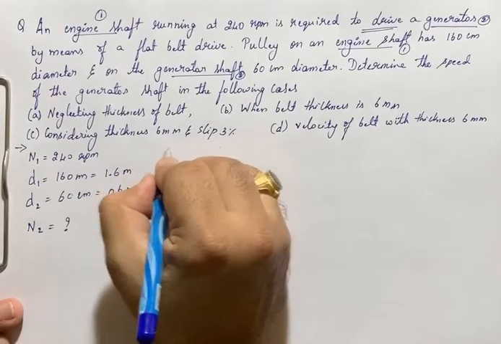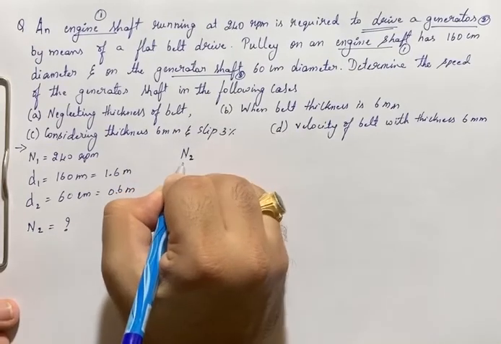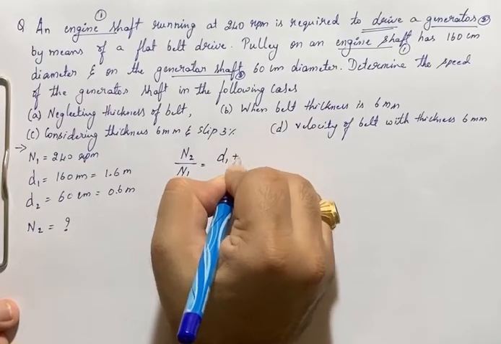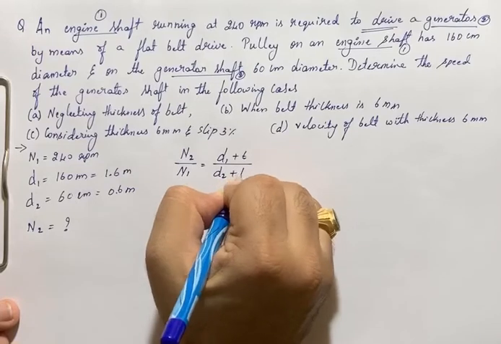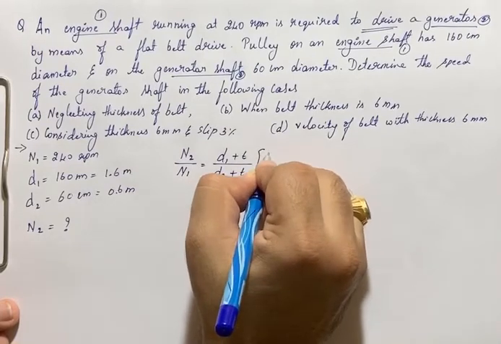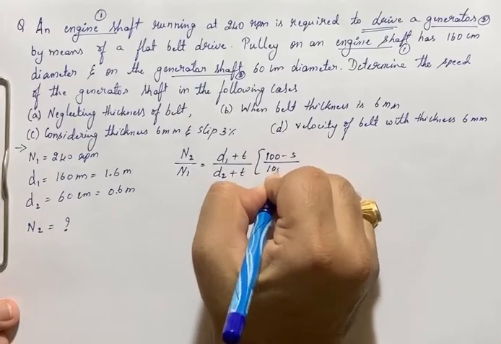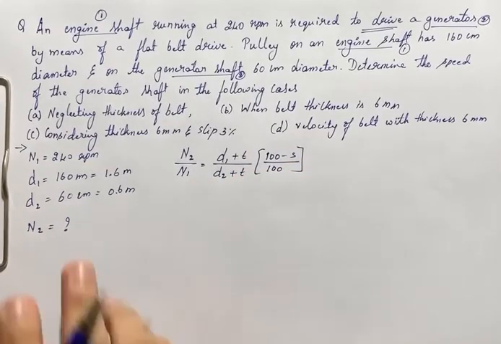I will write the general formula: N2 by N1 is equal to (D1 plus T) divided by (D2 plus T), into (100 minus S) divided by 100. Why am I writing this formula? Because we have 4 cases.